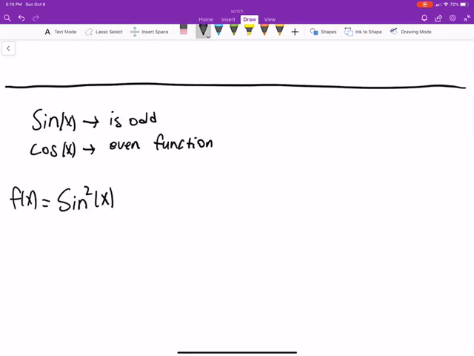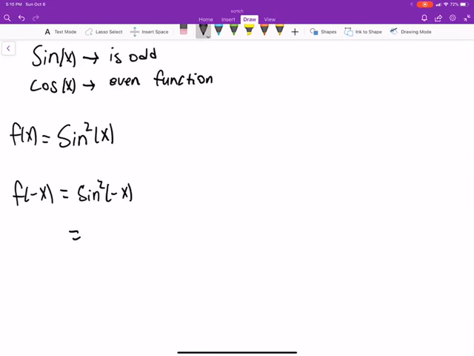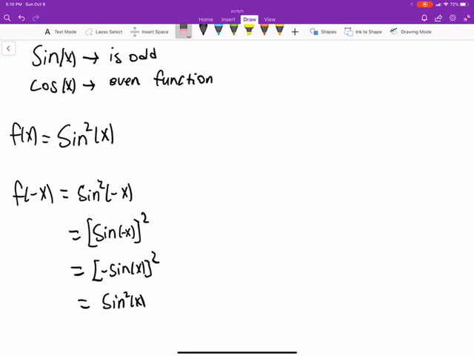The way we do that is we just do f of negative x is sine squared of negative x, which you can think of as sine of negative x, squared, which is negative sine of x squared, which is just sine squared of x. So sine squared of x is actually an even function because we were able to get back to here.